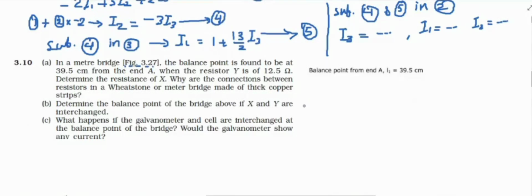So you directly use the formula X is equal to RL divided by 100 minus L. Meter bridge formula you can use. L is given, 39.5.